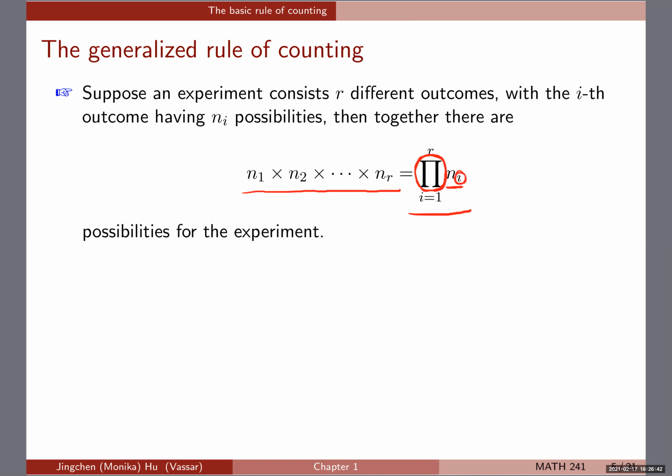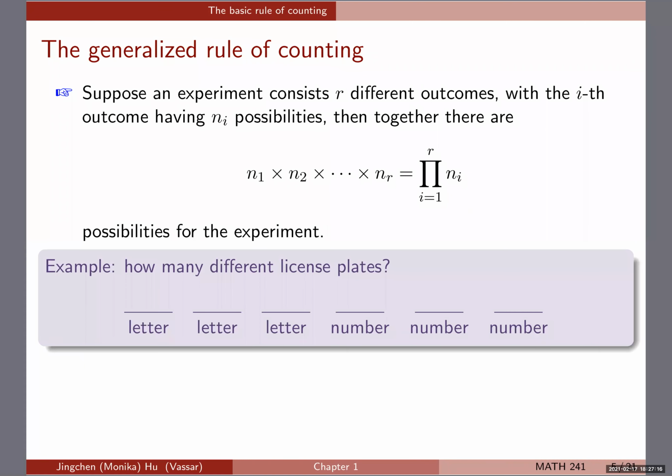So the product sign can help us indicate exactly how we're taking the product, right? We know that we're taking the product from n1 to nr, so you can write i goes from 1 to r. 1 is below the product sign, r is above it. And then this together implies that we're taking the product of all of these n_i values, okay? So that's the definition, and let's look at an example.